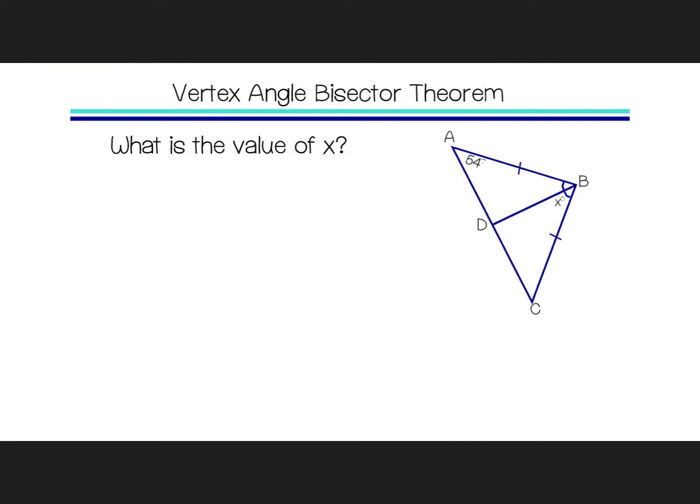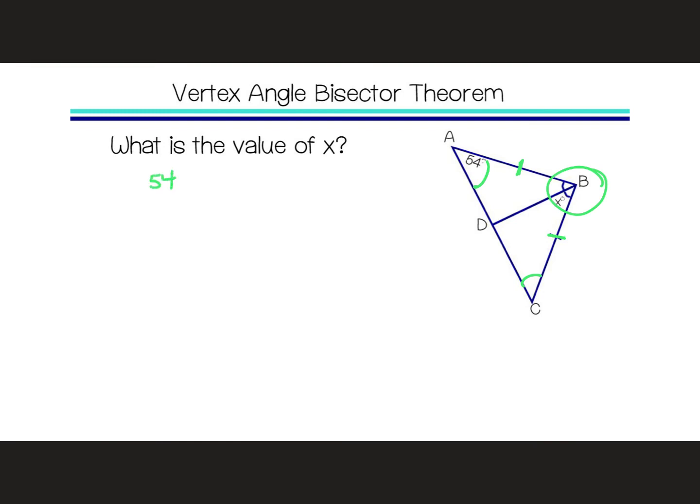So here's our first example. We're asked to find the value of x. I notice that I've got an isosceles triangle, which would mean that these base angles, A and C, are both 54 degrees. Then all of angle B would be what's left over from the 180 degrees.